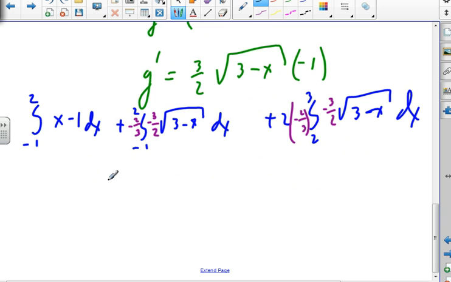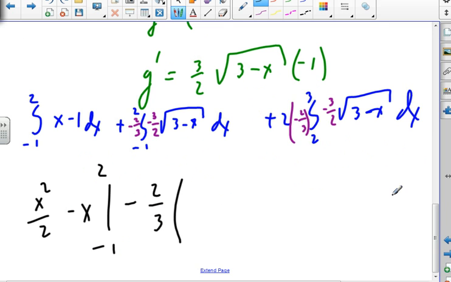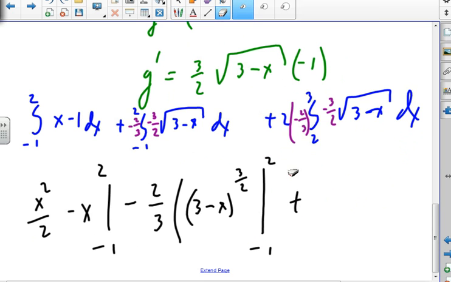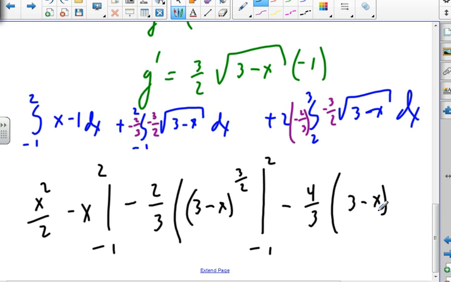Okay, now I'm ready to do integrals. So I've got x squared over 2 minus x, evaluated at minus 1 and 2, minus 2/3 times 3 minus x to the 3 halves, evaluated at minus 1 and 2, plus minus 4/3 times 3 minus x to the 3 halves, evaluated at 2 and 3.